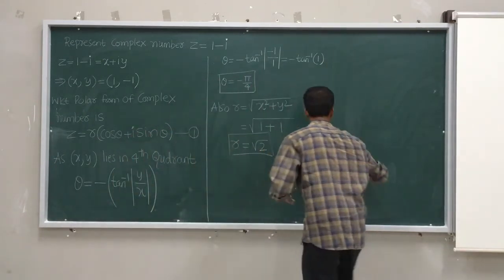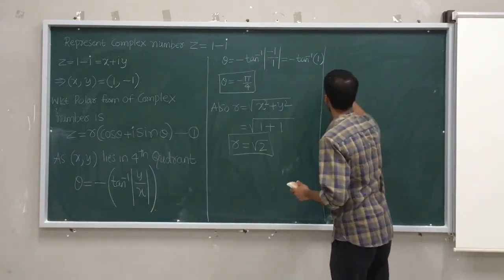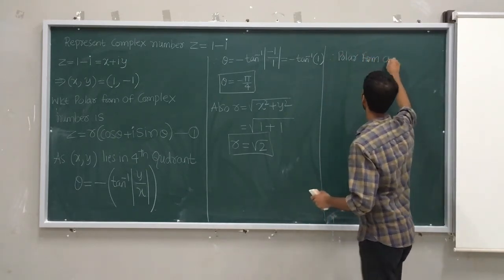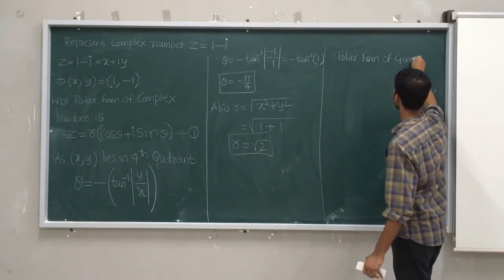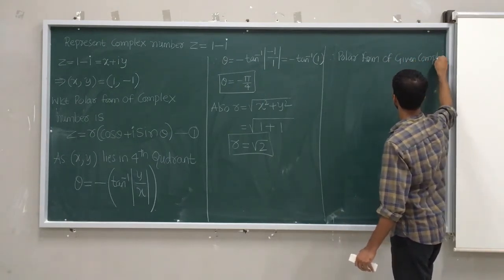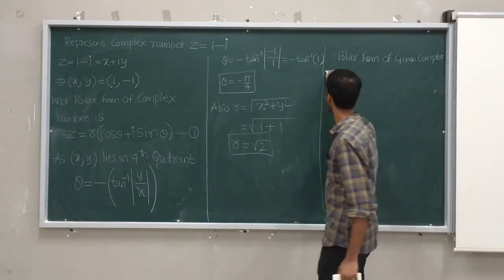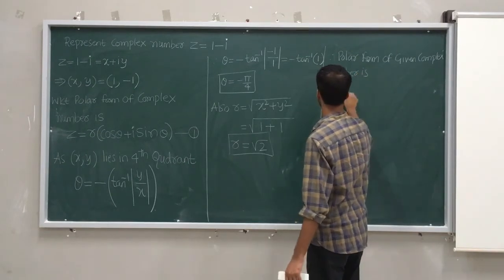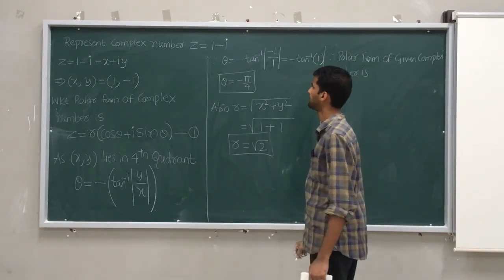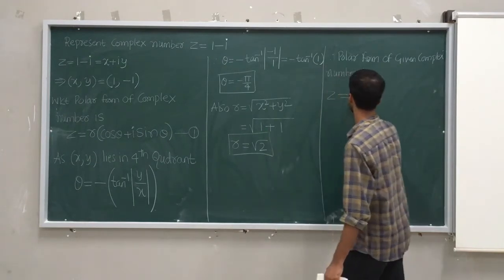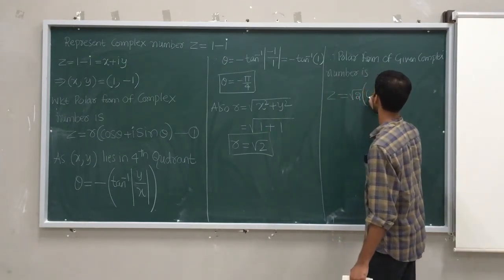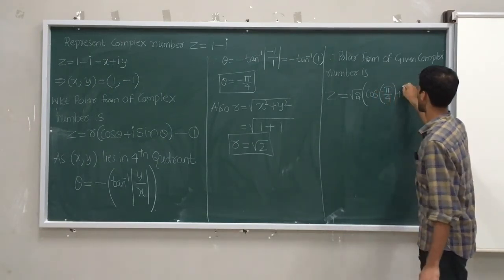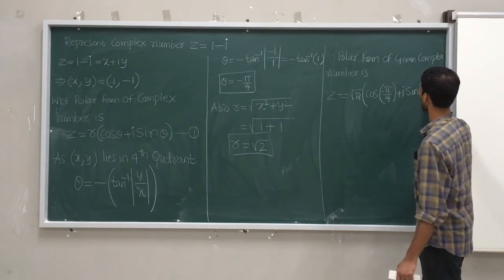Therefore, the polar form of the given complex number is z equals r, which is root 2, times cos of minus pi by 4 plus i sin of minus pi by 4.